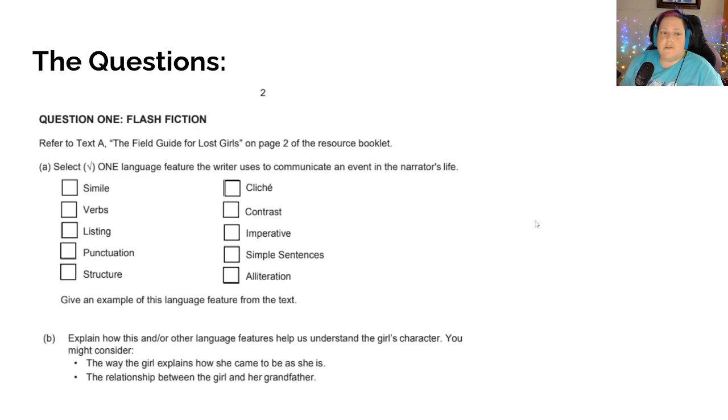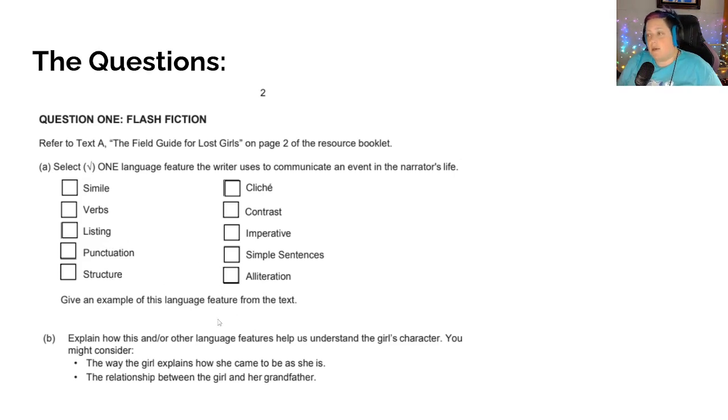The questions you are given. Question 1, refer to the text A, the Field Guide for Lost Girls, on page 2 of the resource booklet. Then you select or tick one language feature that the writer uses to communicate an event in the narrator's life. There's simile, cliche, verbs, contrast, listing, imperative, punctuation, simple sentences, structure, and alliteration.